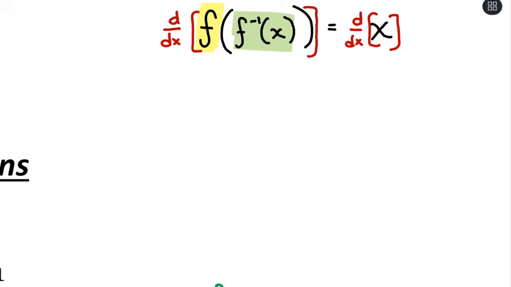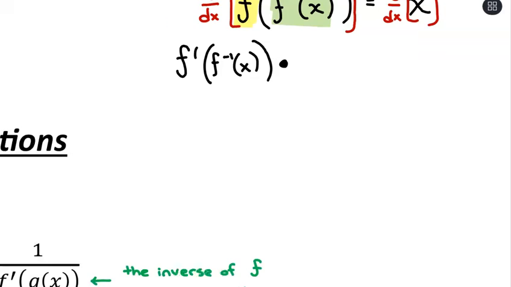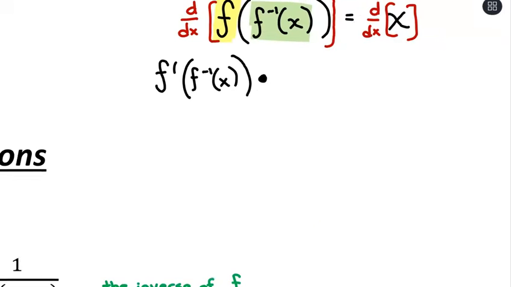So we want to take the derivative of the outside, so f prime, and we keep the inside the same. And then we multiply by the derivative of the inside. Now, this does have some interesting notation, and it's completely why we're throwing in this g of x down here.